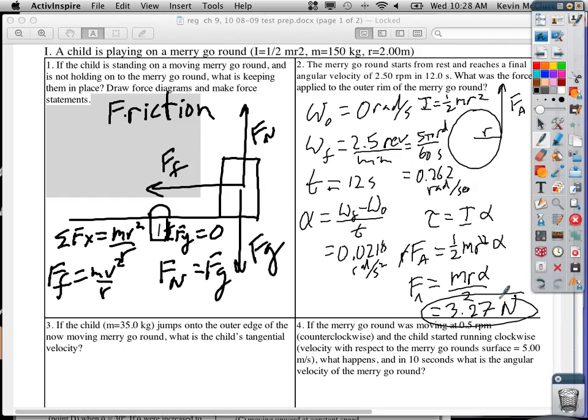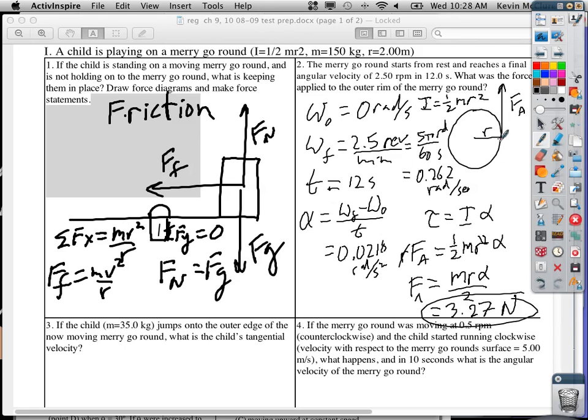Questions? Yes? For torque, why do you multiply the radius? What did I say torque was? Remember I told you to think of torque as a force with a right angle in it. Remember when I said that? Okay, well hopefully you'll remember it now.